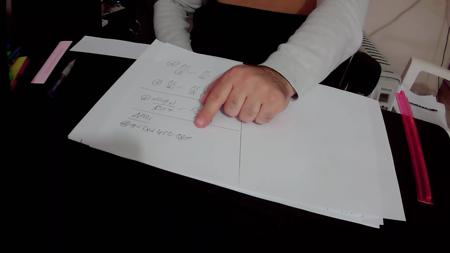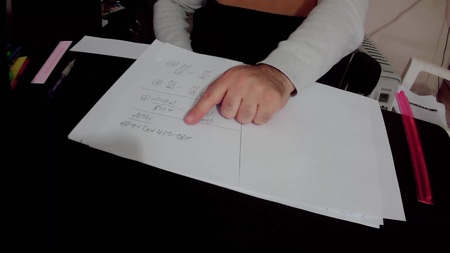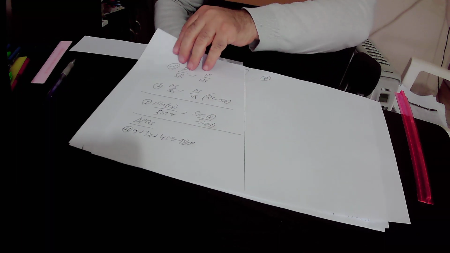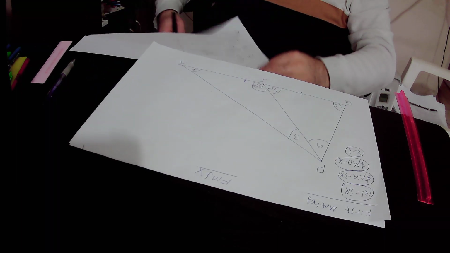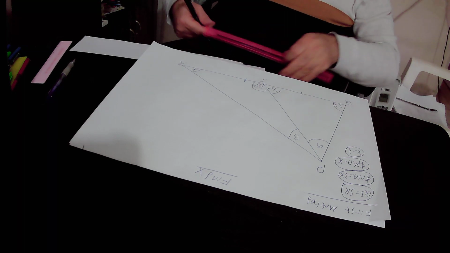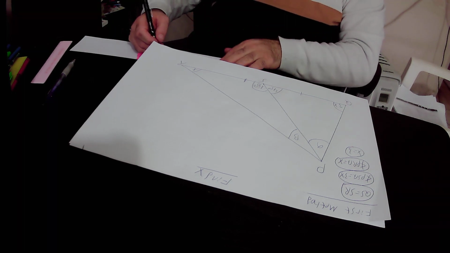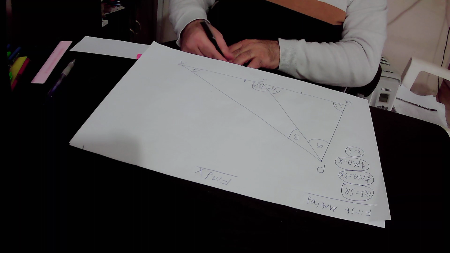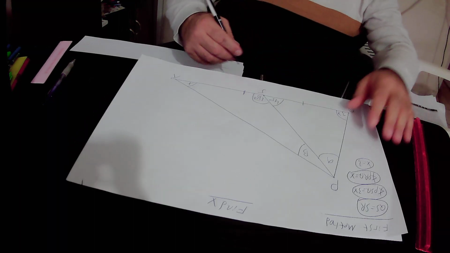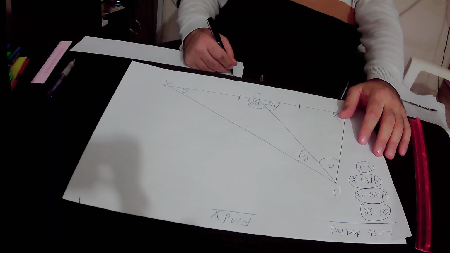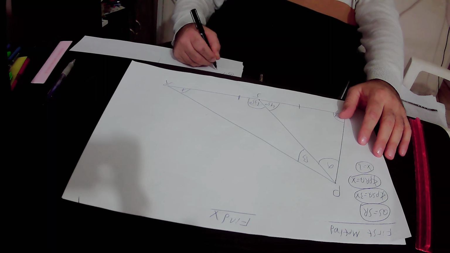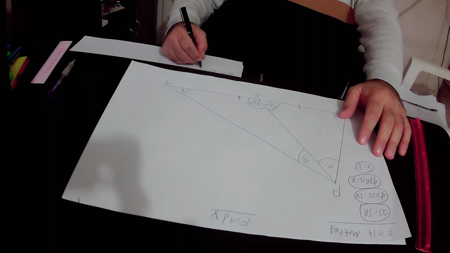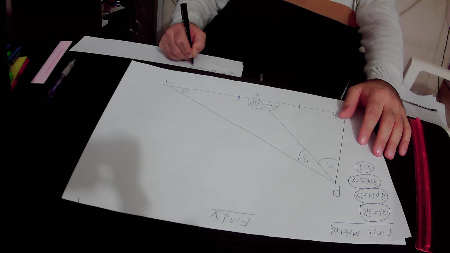Here we will subtract 3x and also 45 degrees from this equation number 2, and we will get that according to equation number 2, alpha equals 180 degrees minus (3x plus 45 degrees).